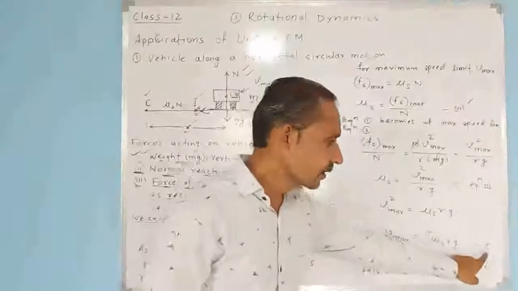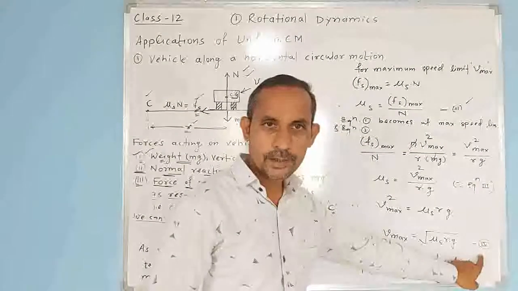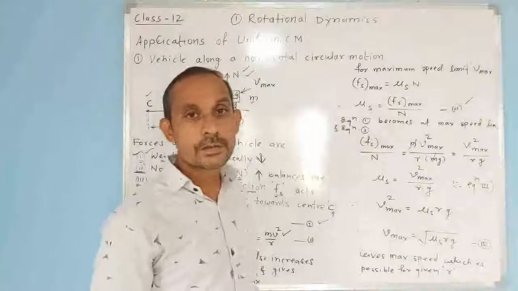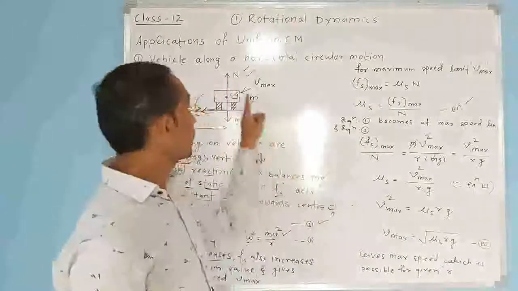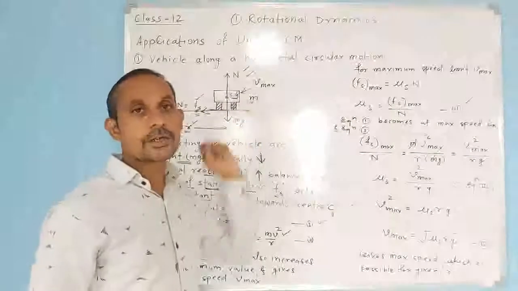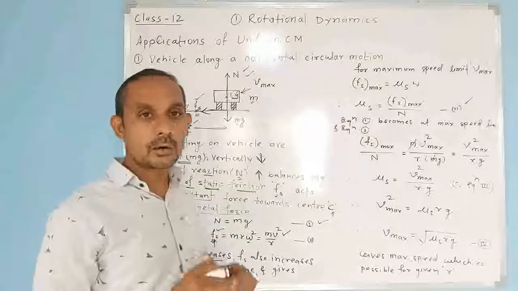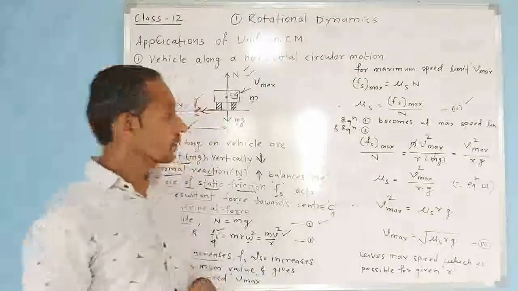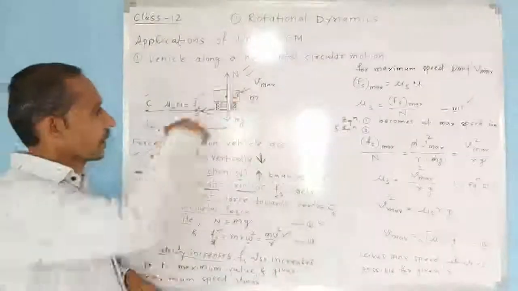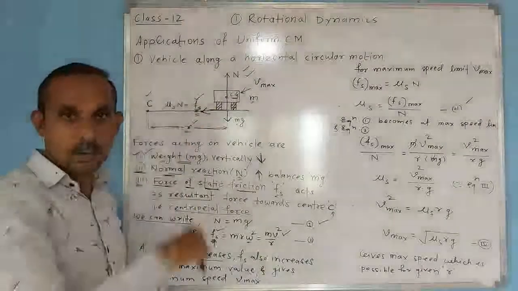So this is equation number 4, which gives the maximum speed limit for the vehicle moving along the horizontal curved road, or circular road.